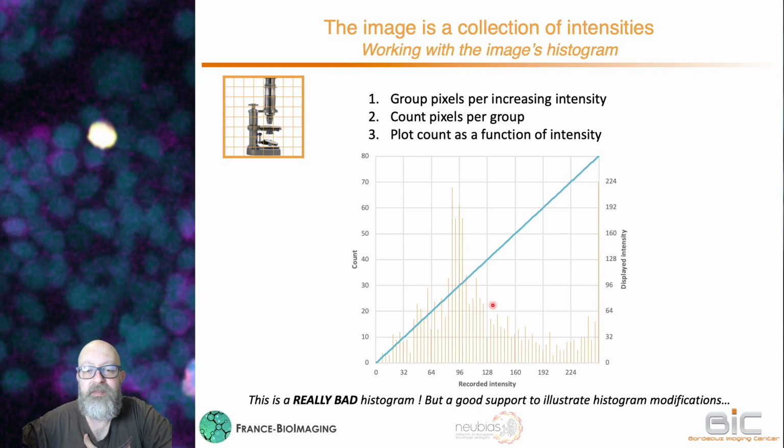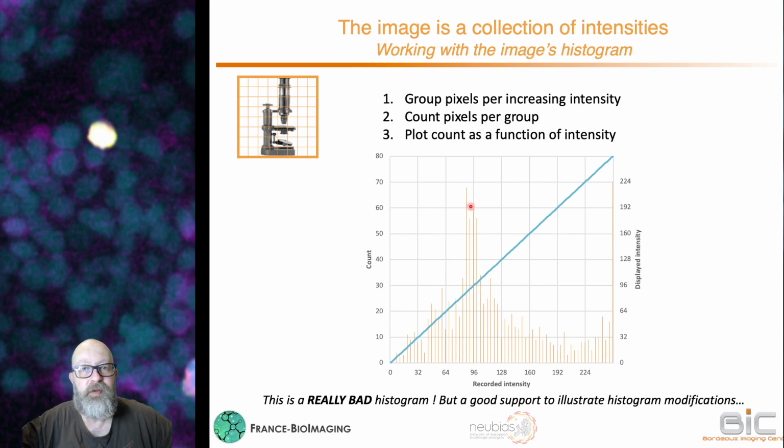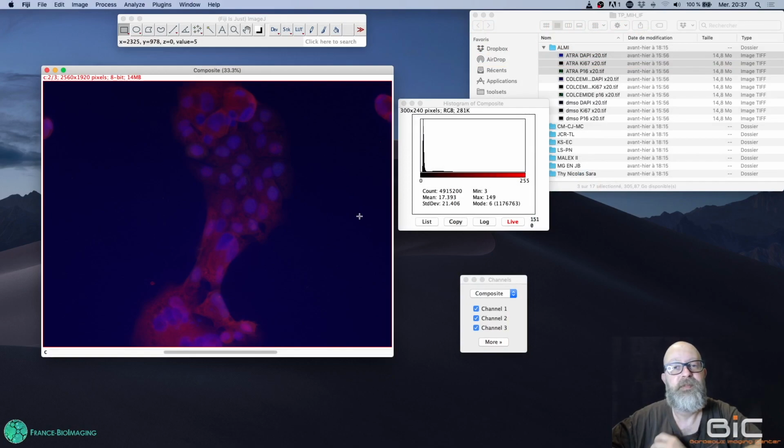But this is a good thing because we are progressing, and especially for the future analysis of the images. But at the same time, it's not giving us any improvement over the display of the image. To improve the display, we will have to use different tools.